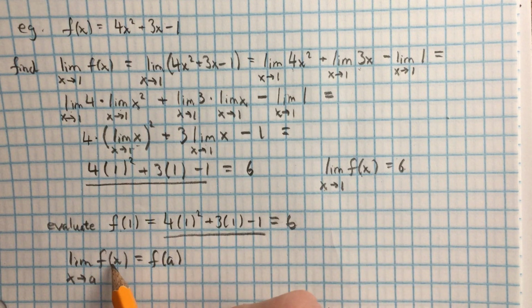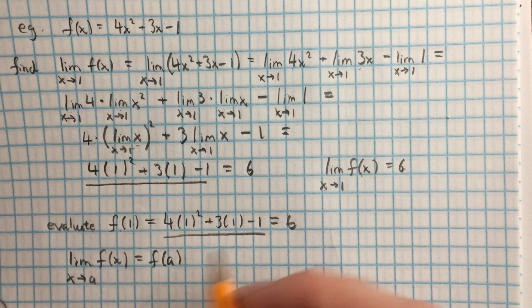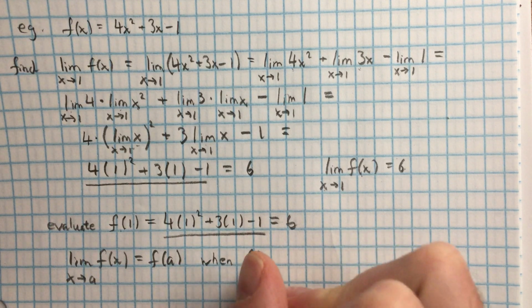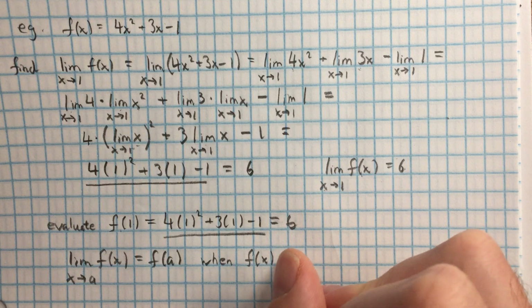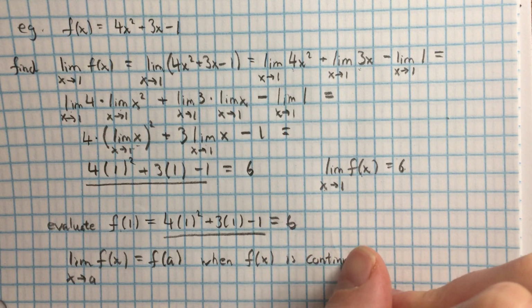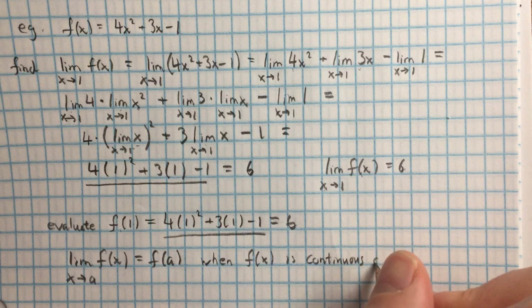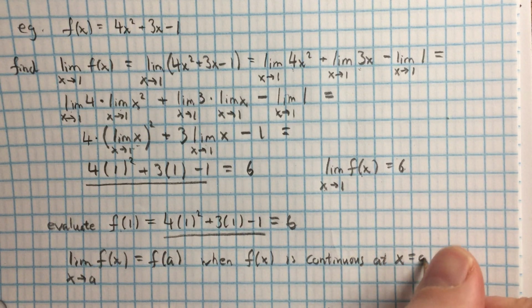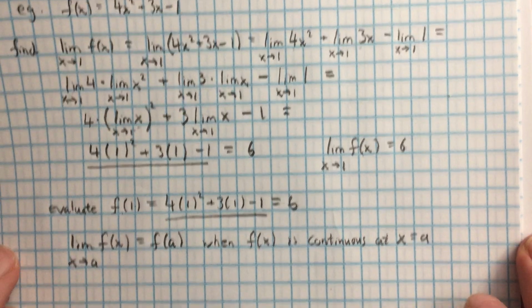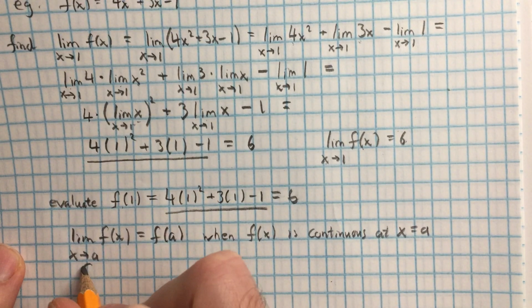The limit of the function will be the same as the function value at a when f of x is continuous at a. So therefore we have a great luxury. We can compute limits very easily, and we're going to call this the substitution rule.